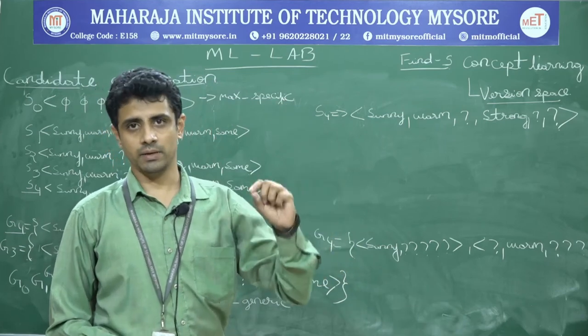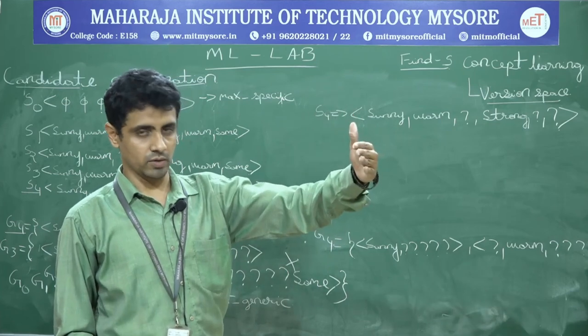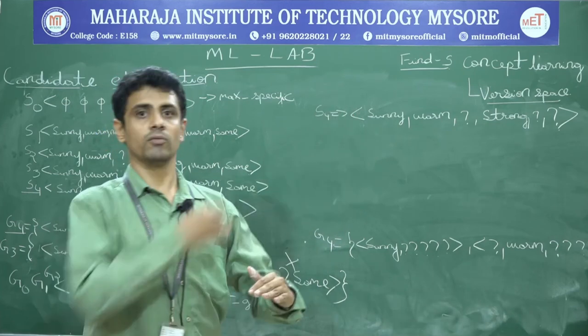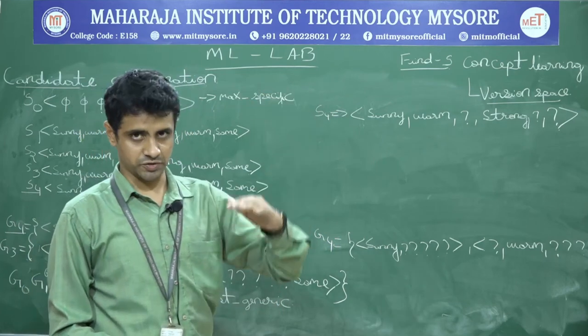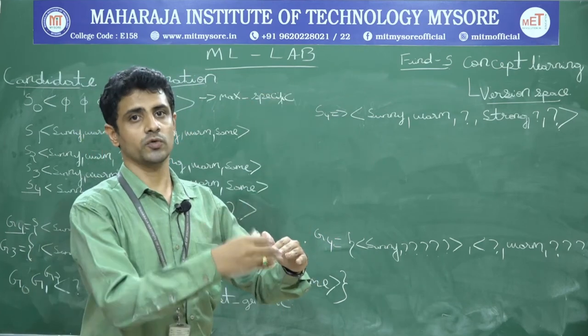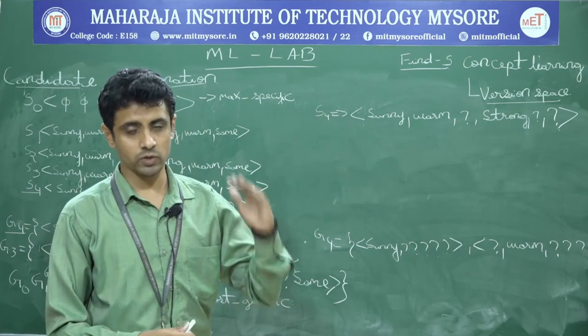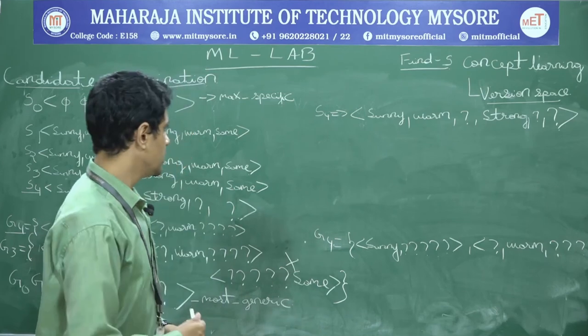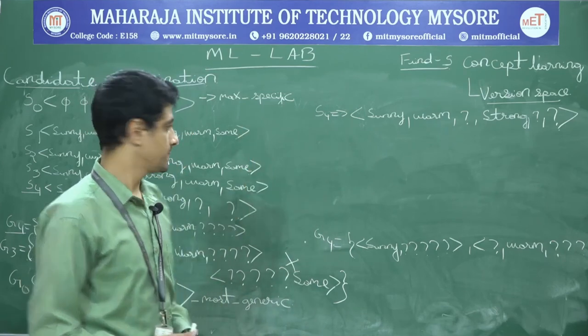We took each example based on whether it was a positive or a negative example. We made specific more general and general more specific, wherein the specific was growing and the generalized was shrinking. Okay, so now how to develop a version space?